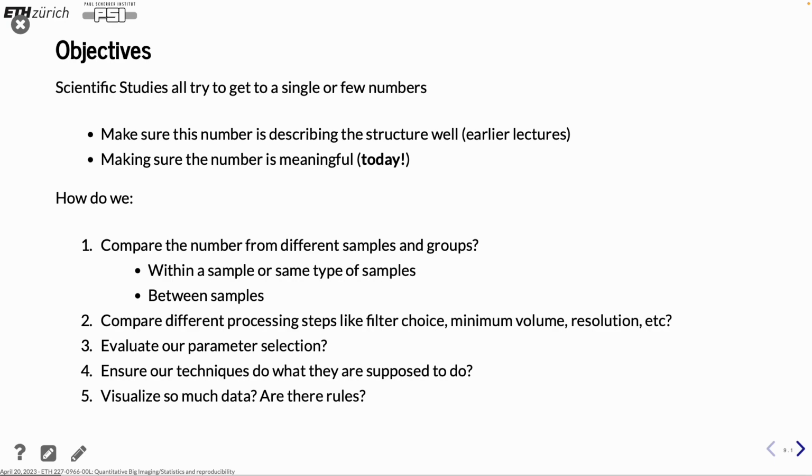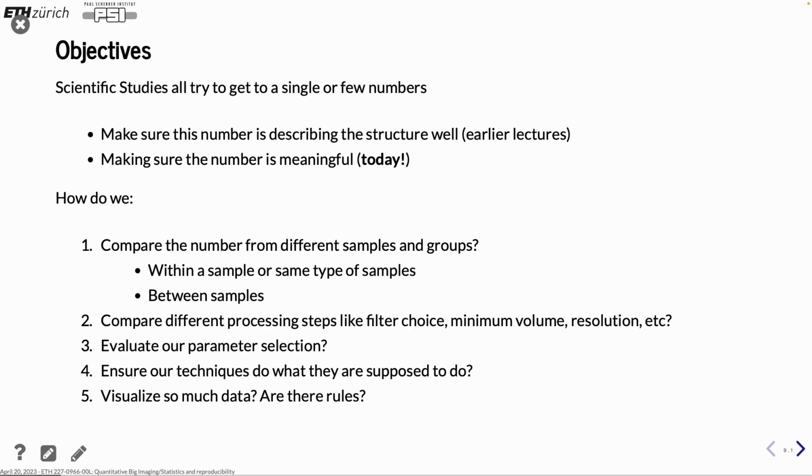Maybe it's easier to segment, but on the other hand, you may actually lose relevant information, and that you also need to evaluate to know what you're doing. So you really have to do some parameter sweeps, seeing what is the sweet spot where I'm producing reliable results for all data sets. And of course, make sure that your data or your techniques are doing exactly what they're supposed to do.